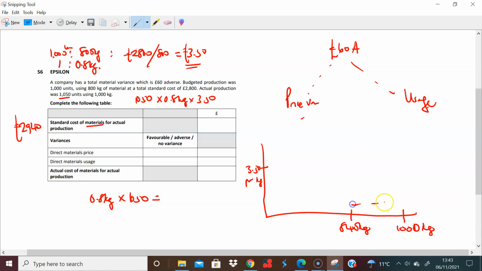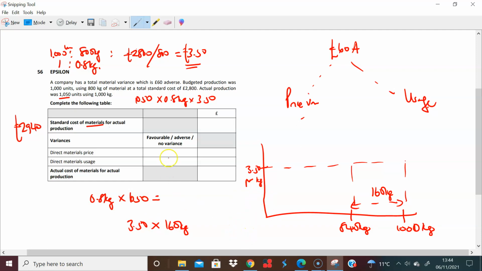So I can tell you what the usage variance is. The usage variance is the difference, at the standard price, of 160 kilograms times the £3.50. So that's adverse. £3.50 times 160 kilograms is 560 adverse.